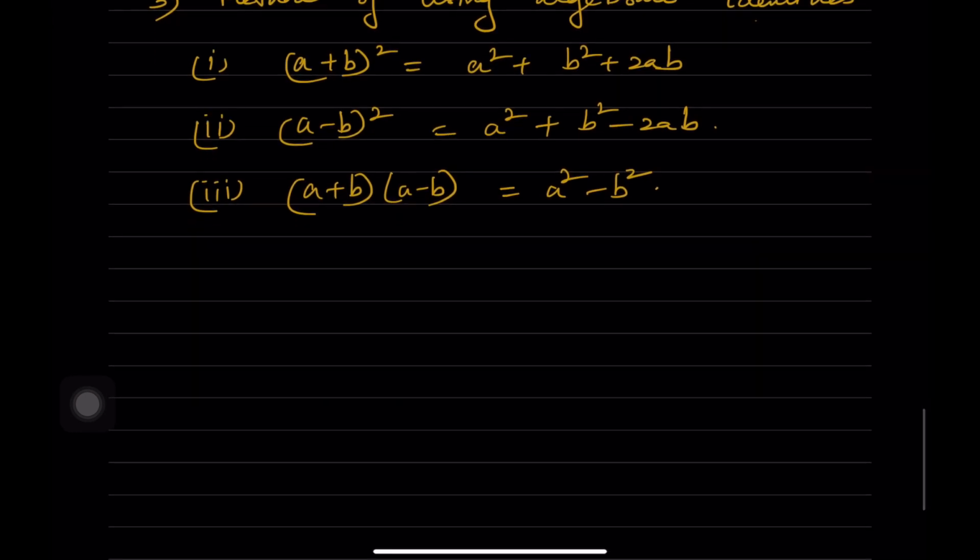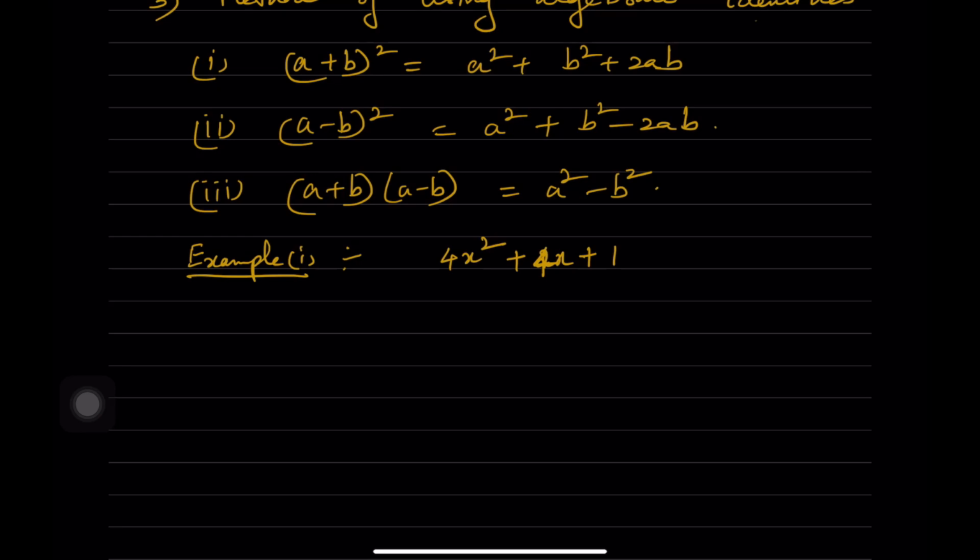So what are the examples for this? Let's see. For the first one, example 1, we take 4x square plus 4x plus 1.